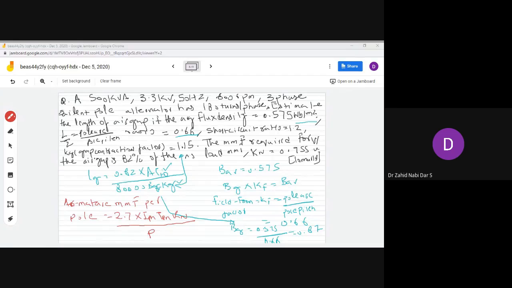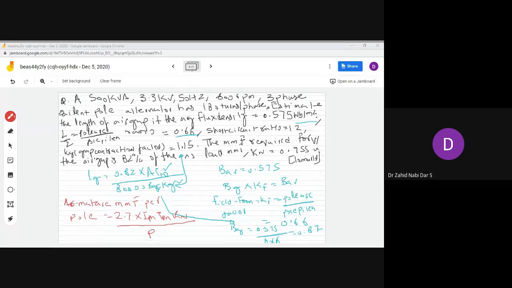Calculate the number of poles. Akansha, you also calculate. Don't unmute yourself. How will you calculate the number of poles?